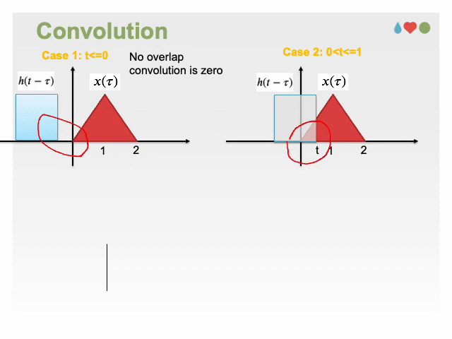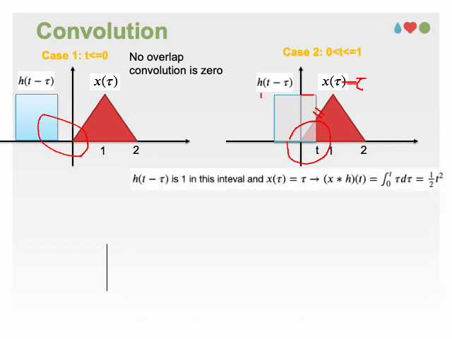In this interval, the function x(tau) is equal to tau, as shown in this figure, and the kernel function h(t minus tau) is equal to 1. Therefore, the convolution is simply calculated by integrating tau from 0 to t.